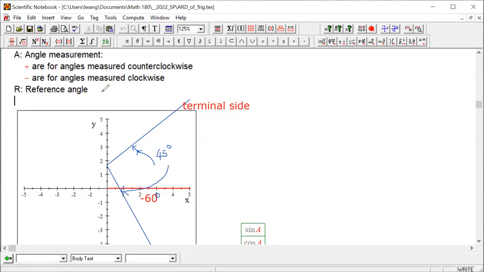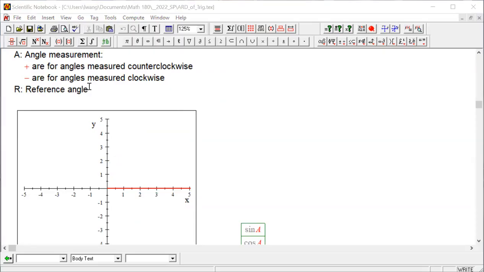What is a reference angle? There's a definition: a reference angle is the positive acute angle between the terminal side and the x-axis.